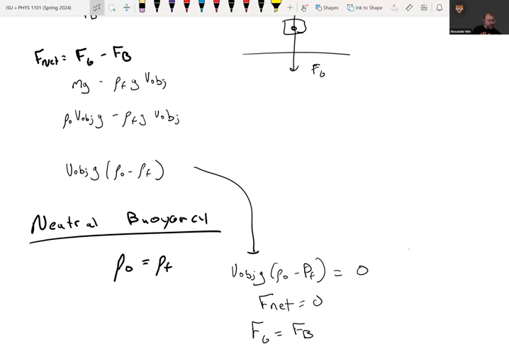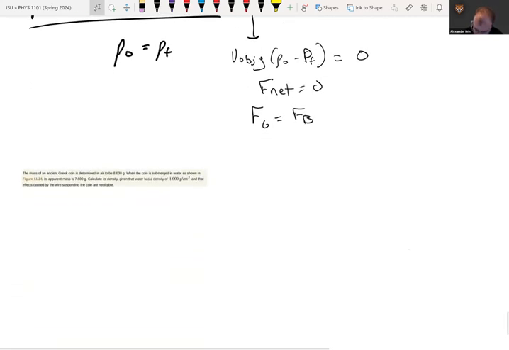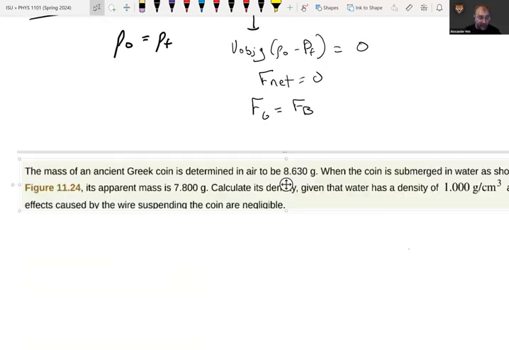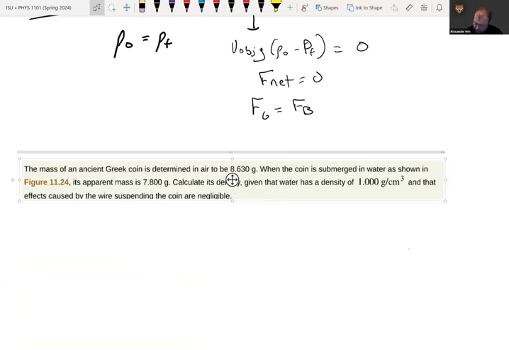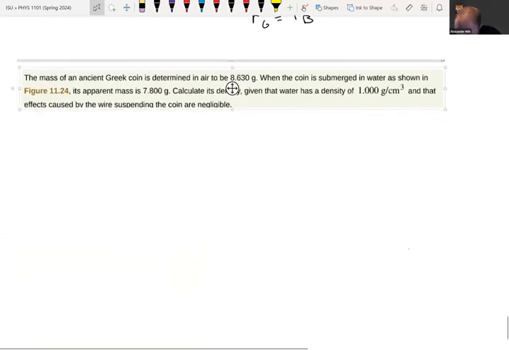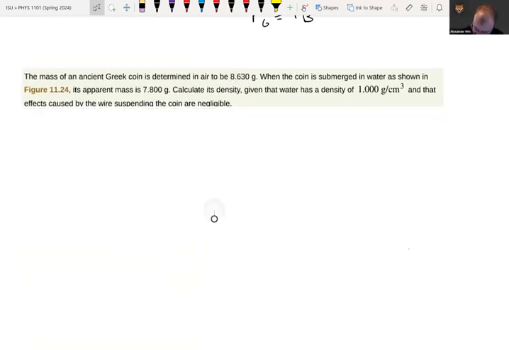All right, so I'm going to do this problem. The mass of an ancient Greek coin is determined in air to be 8.630 grams.